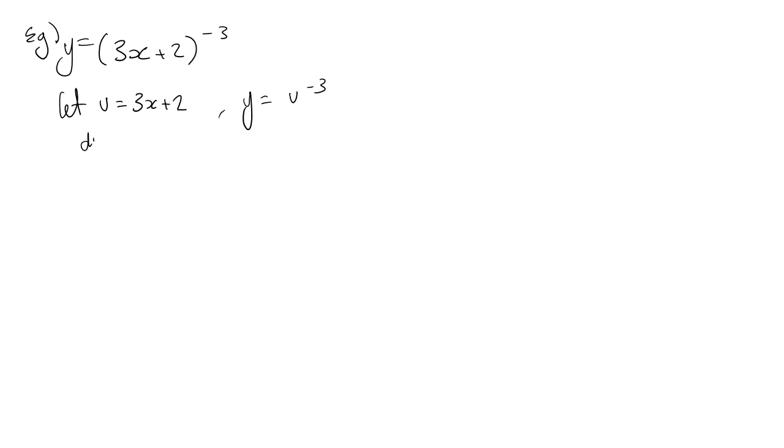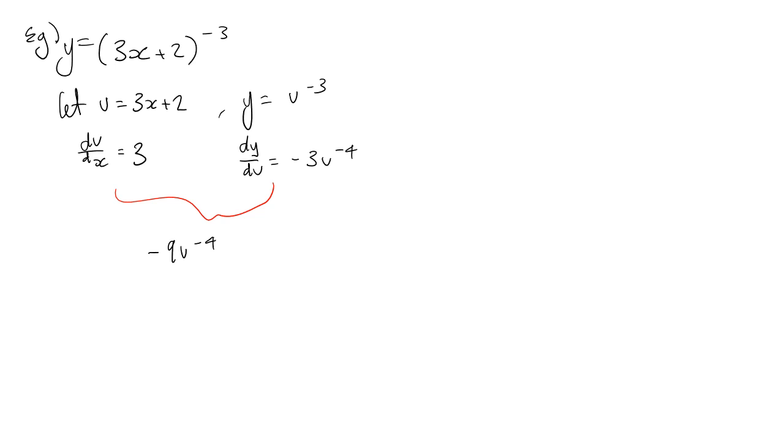The derivative du on dx is 3 for u equals 3x plus 2. And the derivative for y equals u to the power of negative 3 should be equal to negative 3u to the power of negative 4. Multiply these two together and we get negative 9u to the power of negative 4.